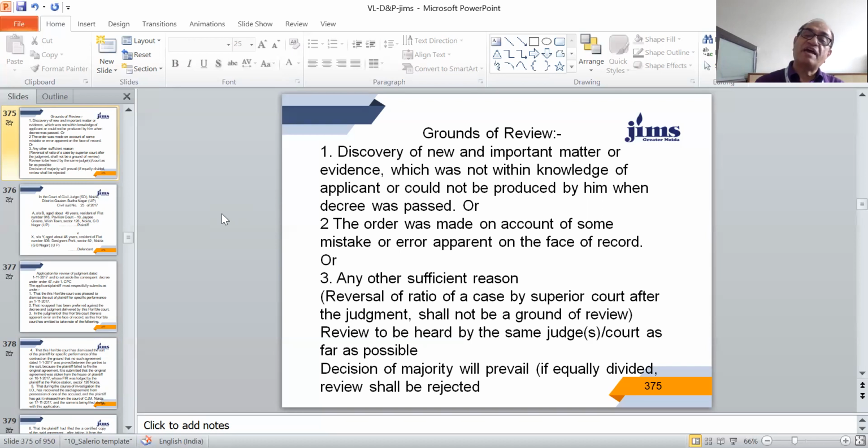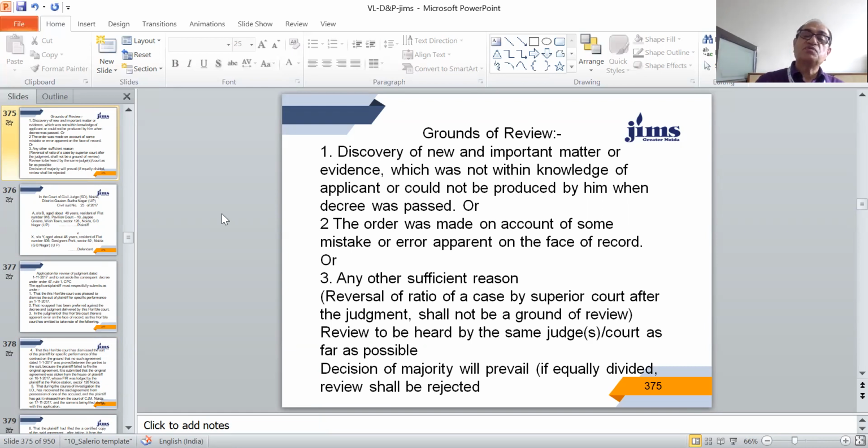If the higher court has reversed their ratio after the judgment of the trial court, then reversal of ratio by the superior court shall not be a ground for review of the decision of the trial court.